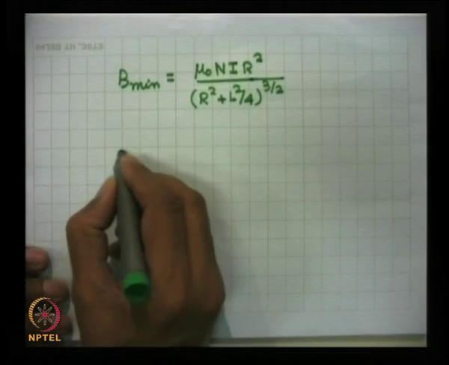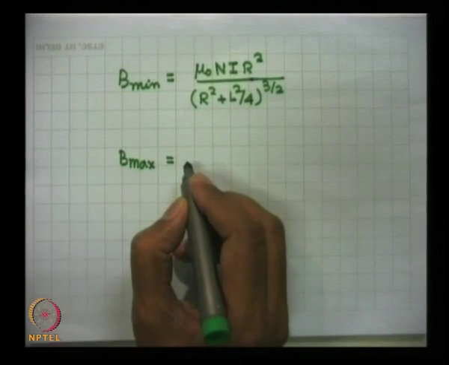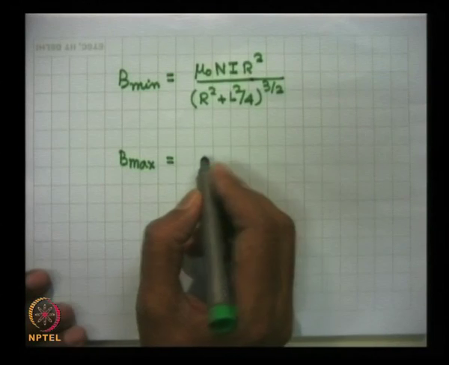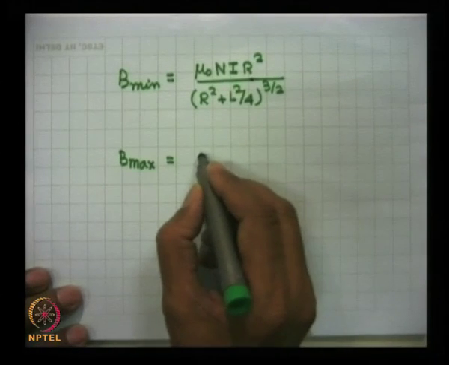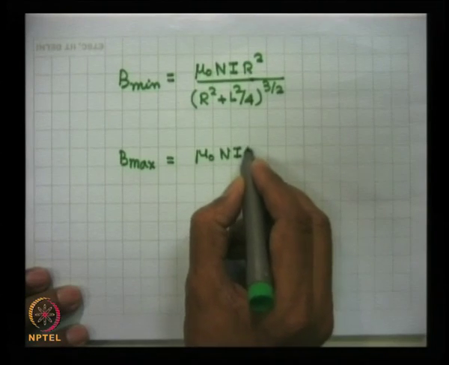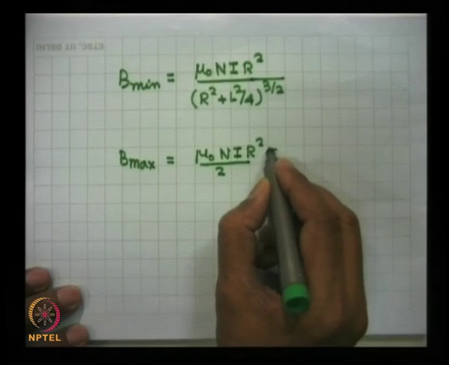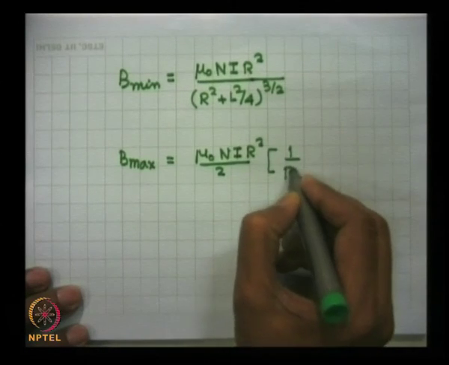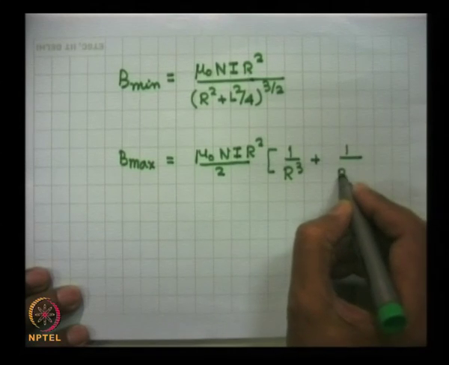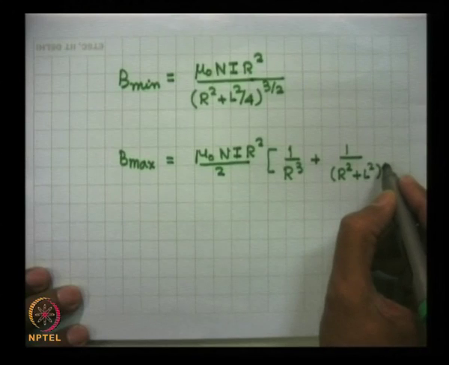And B maximum, at z equal to L by 2, turns out to be mu 0 n I r square divided by 2 into [1 upon r cube plus 1 upon (r square plus L square) to the power 3/2].